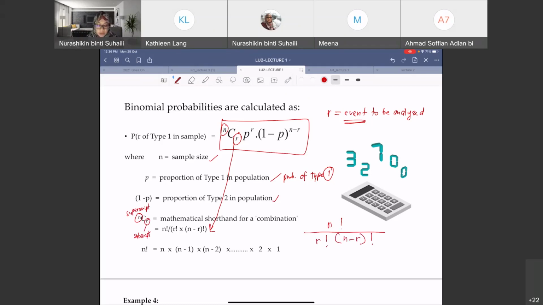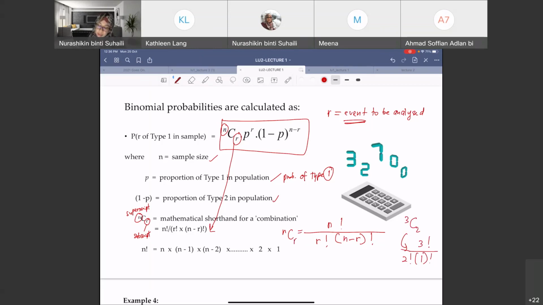This is the formula for anything that is nCr. I think it's covered in Additional Mathematics. So it means that if let's say you have 3C2, it means 3 factorial divided by 2 factorial, because r is 2, times (3 minus 2), which is 1 factorial.